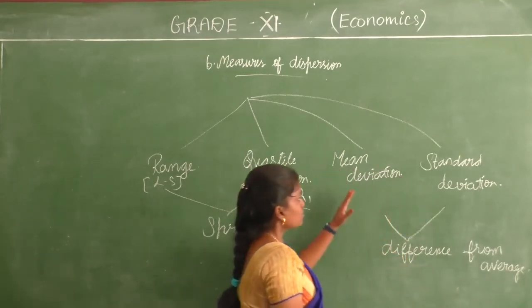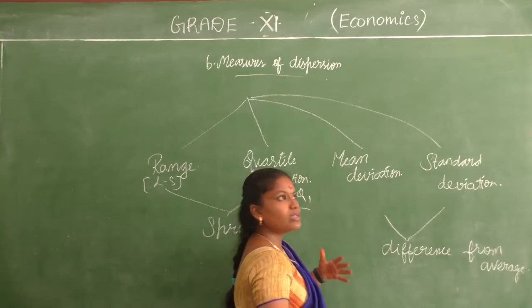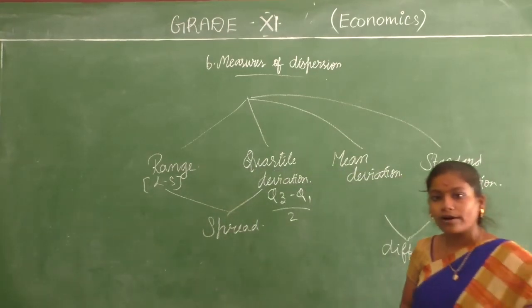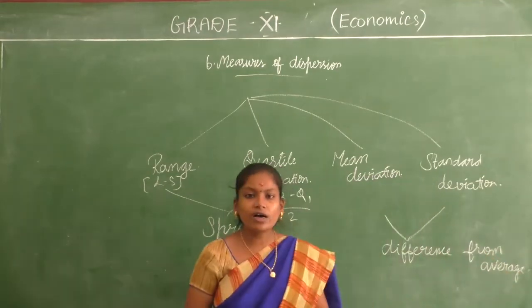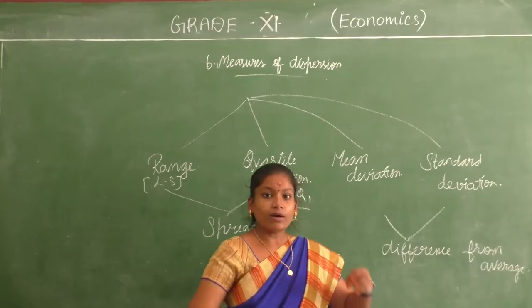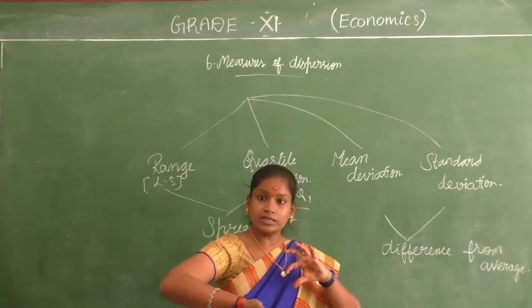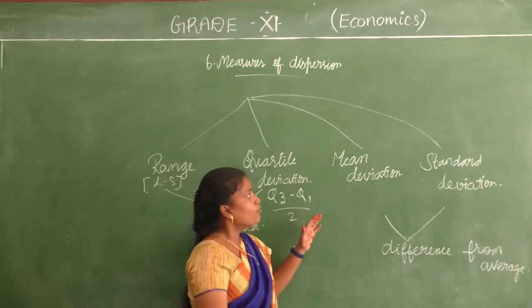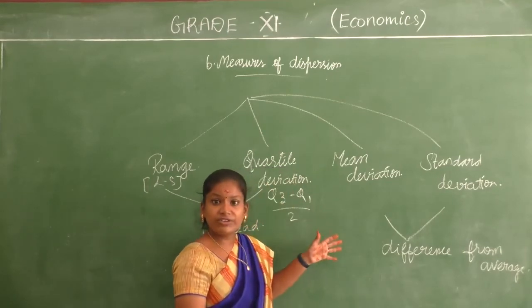Right, children? So mean deviation, we saw that it is based on arithmetic mean or median. What are the two things that we take? Mean or median. With that you find the deviations, and with that you move on to find the mean deviation.